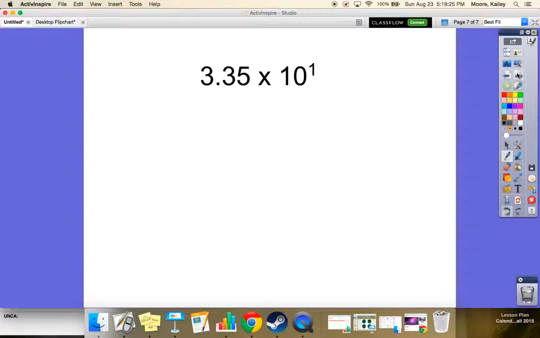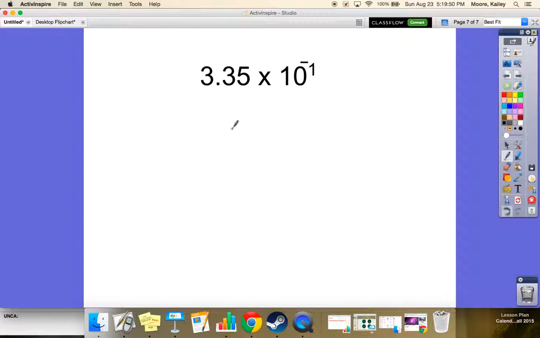All right, and the last example. Yes, so, sorry, I had to check my notes. This is actually supposed to be a -1.